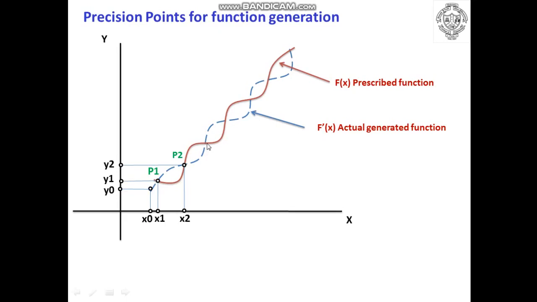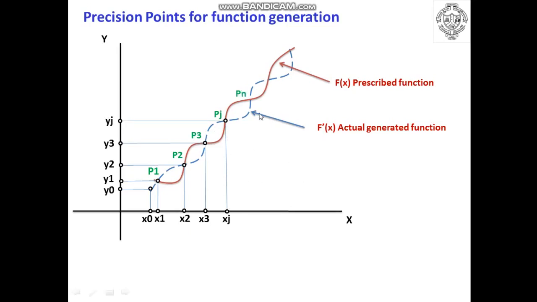Similarly, this point is precision point number 3, that is p3, and the respective coordinates are x3 and y3. Similarly, n points can be considered, or we can consider points equal to j. So this point is pj, and the respective coordinates are xj and yj.